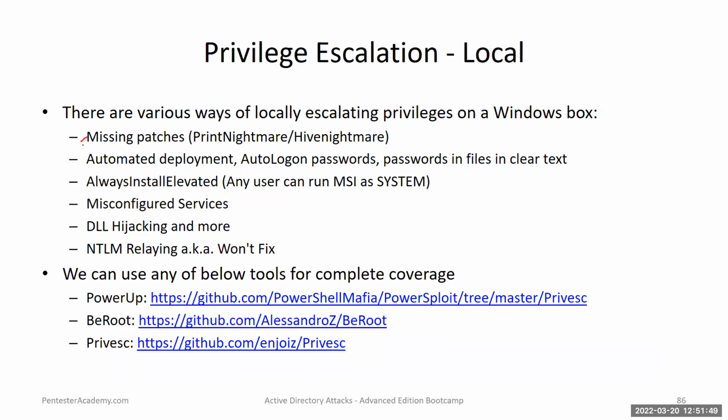Things like PrintNightmare, HiveNightmare, or something that shows up. When it comes to security patches, anything that allows you local privilege escalation is usually the least privileged one. So if you have access to, let's say, exploits or would like to write exploits, you can go for those missing patches.